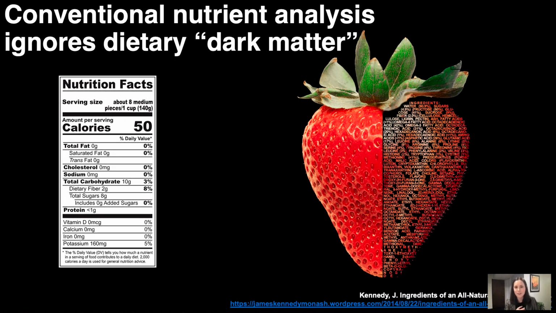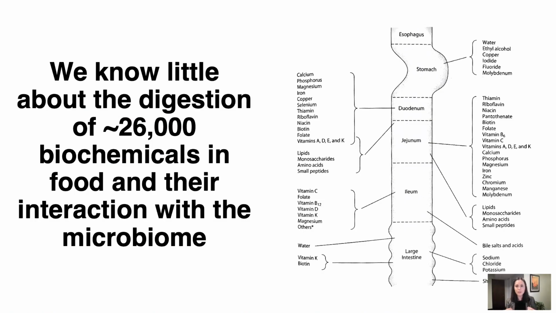And there are different polyphenols, flavors, colors, compounds that we might expect, from the perspective of a bacterium, might be interesting and potentially tasty, if you will, if you're a bacteria. And we don't really know much about these biochemicals in our food. There's about 26,000 biochemicals in our food, which we've largely ignored, in part because the absorption of essential nutrients and minerals has been our focus for a very long time.